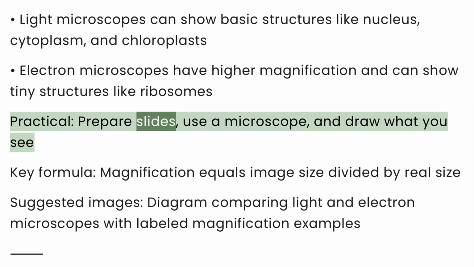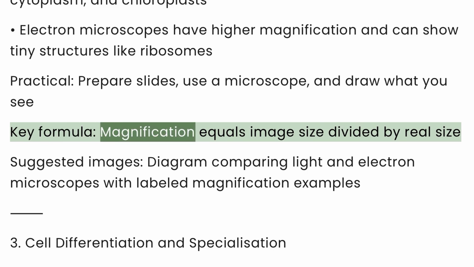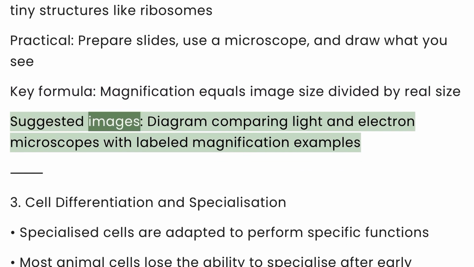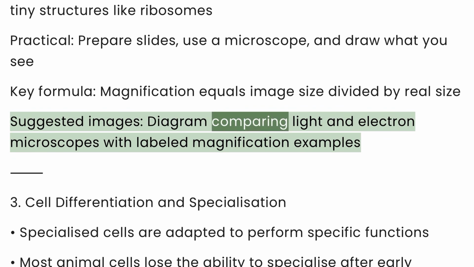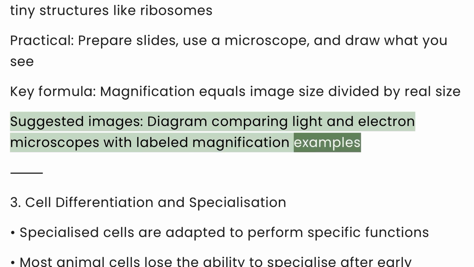Prepare slides, use a microscope, and draw what you see. Key formula. Magnification equals image size divided by real size. Suggested images. Diagram comparing light and electron microscopes with labeled magnification examples.